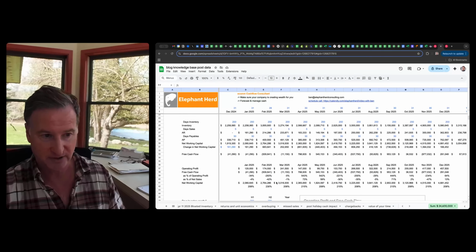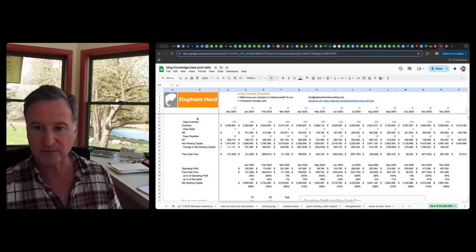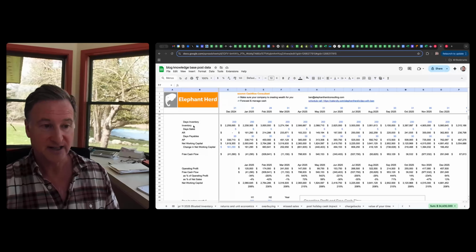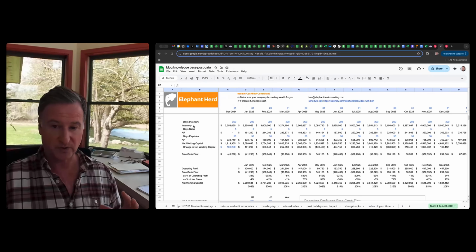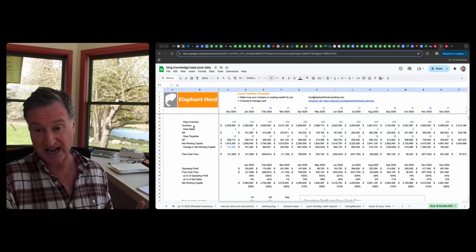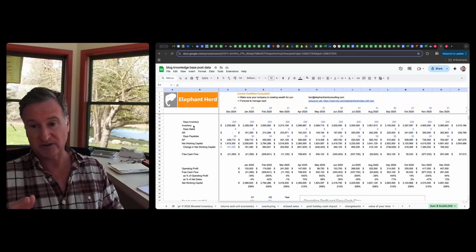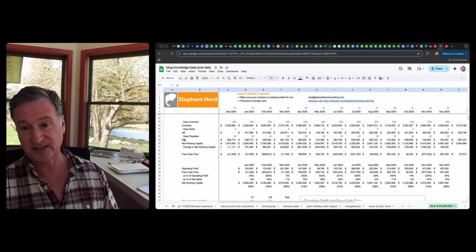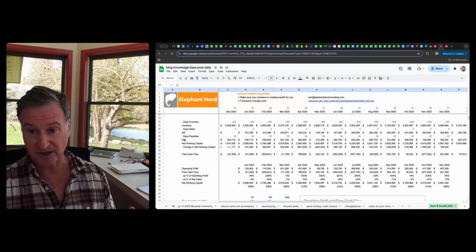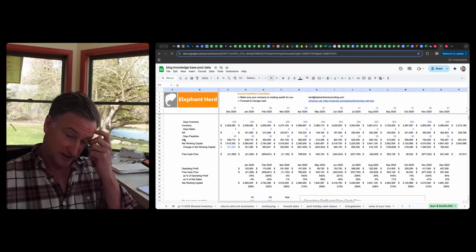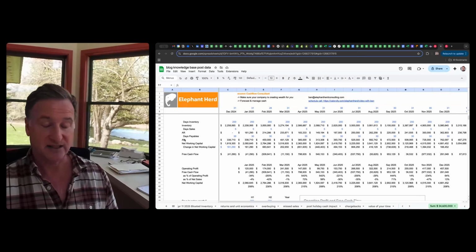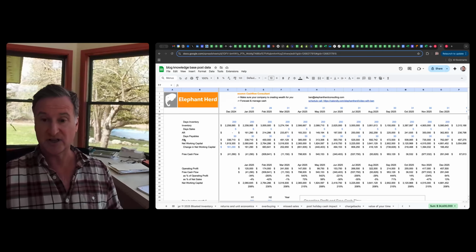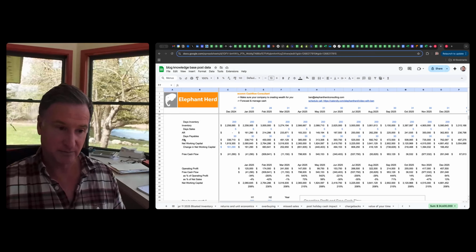So let's review what changes in net working capital look like. It's your changes in inventory, right? If you buy more inventory, you have less cash. If you sell a lot more, you have less inventory and you have more cash. If you change your days sales, like you collect your money faster, more cash. Collect your money slower, less cash. Days payable, you increase those, you have more cash.